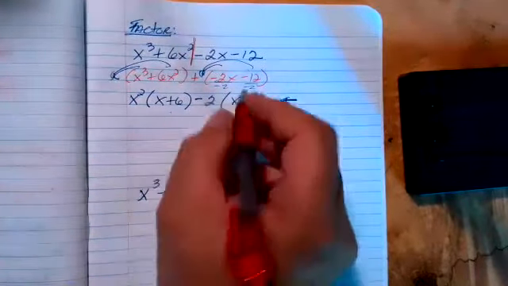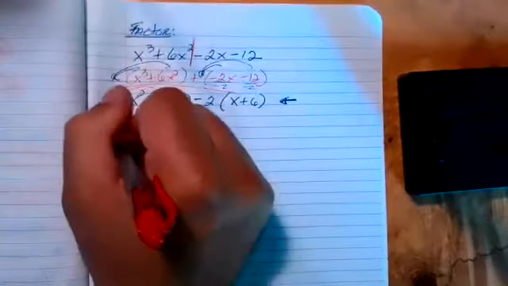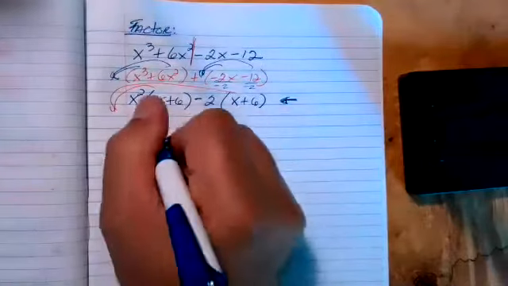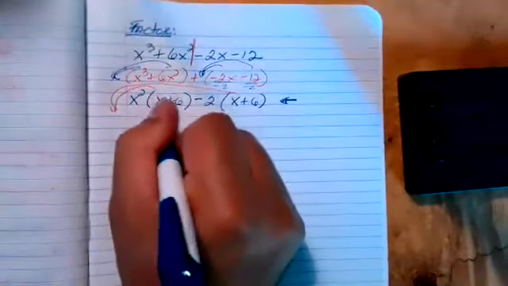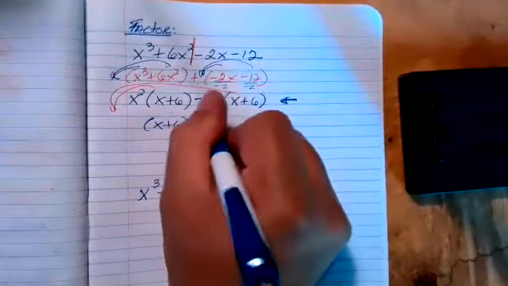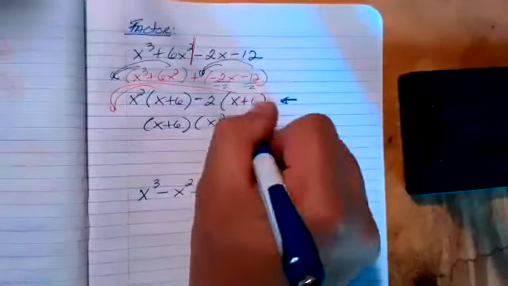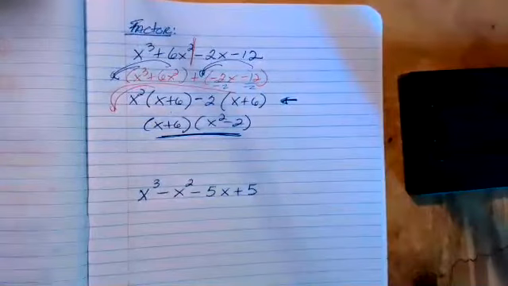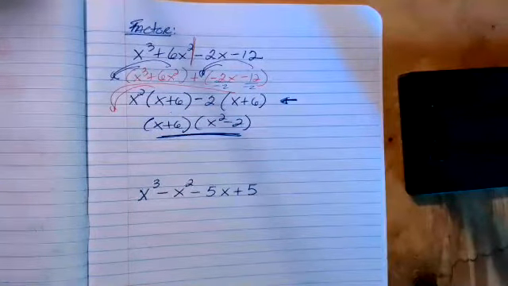So now they both have x plus 6 in common. I could factor that out. So I'll have x plus 6 times x squared minus 2. Any questions with that one?